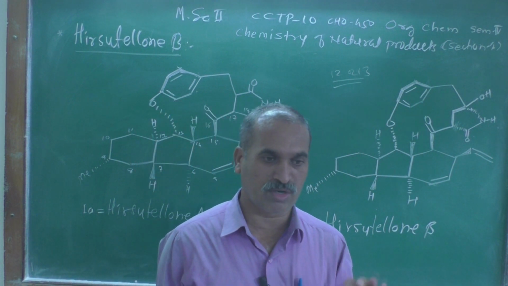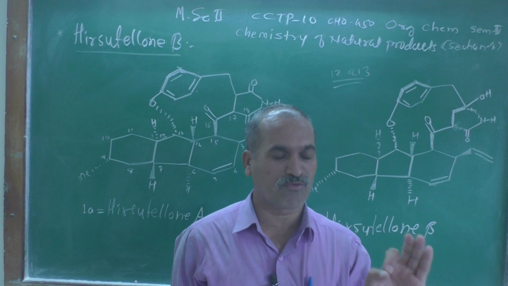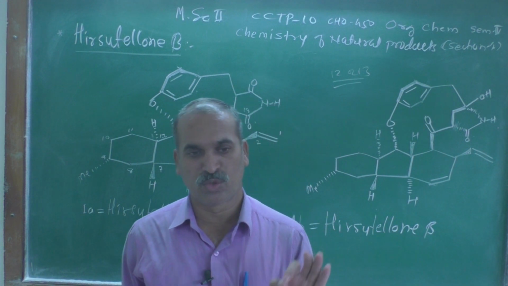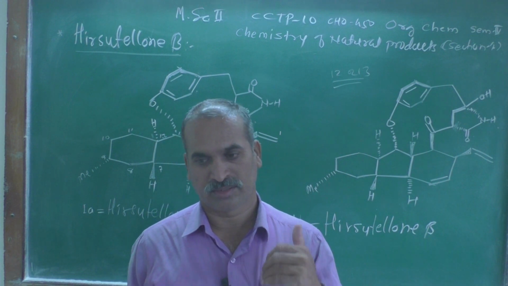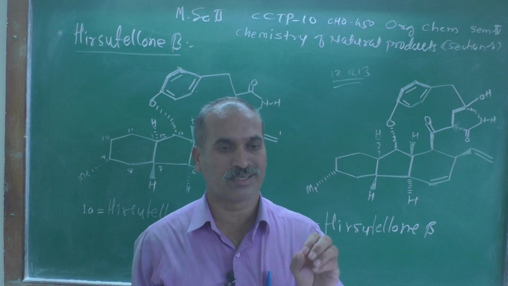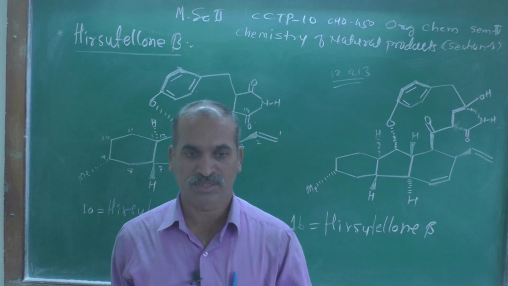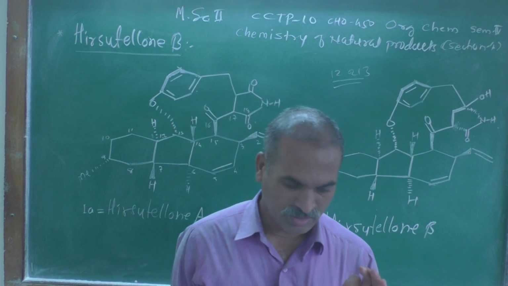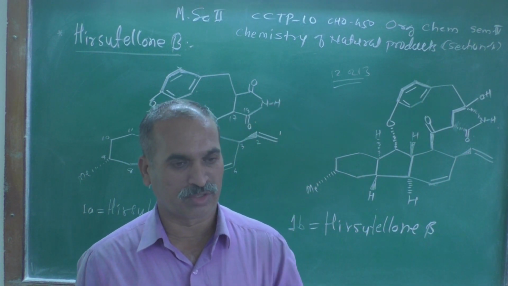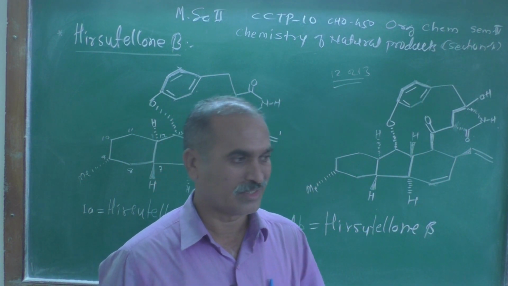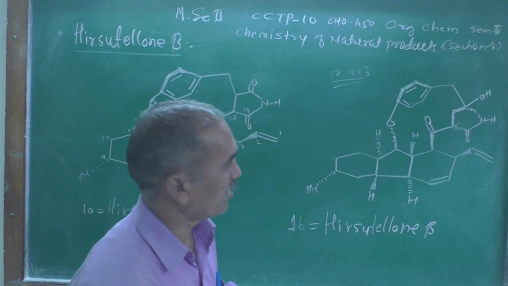Chiral center means what? The carbon atom carrying 4 different groups is known as a chiral center, or the second word used here is asymmetric carbon atom.